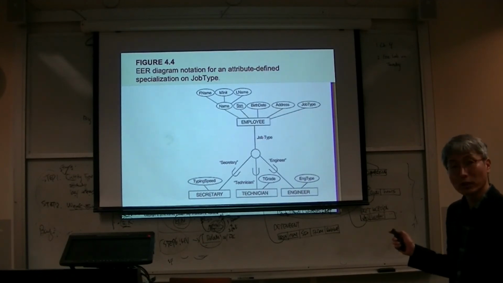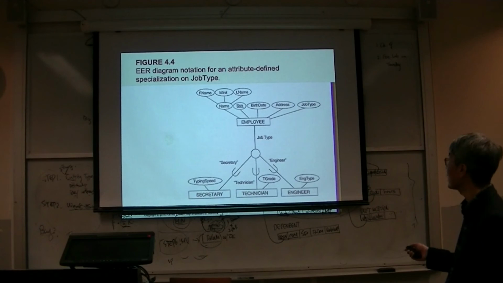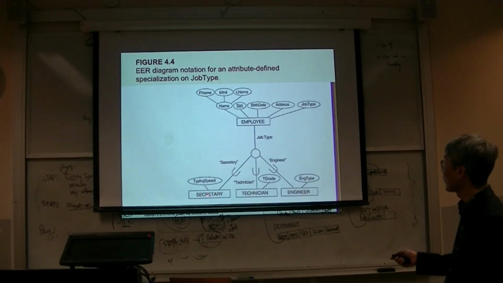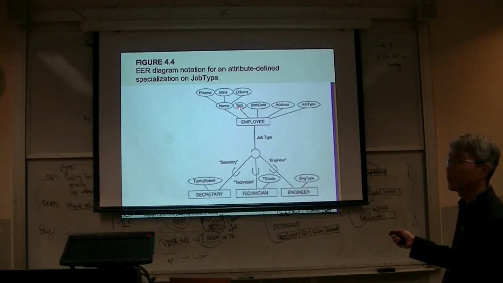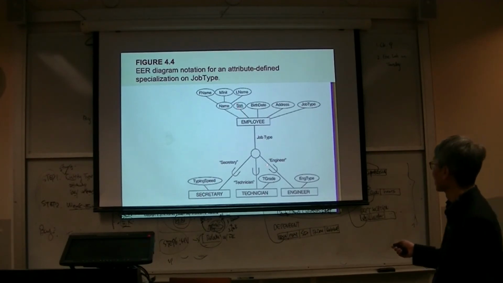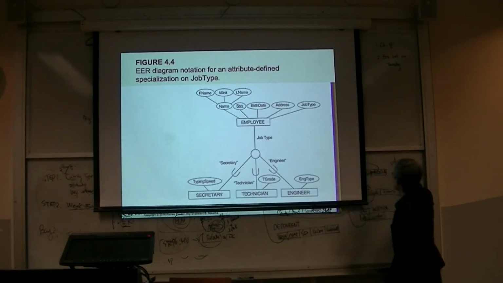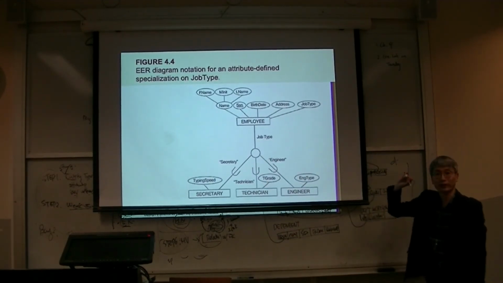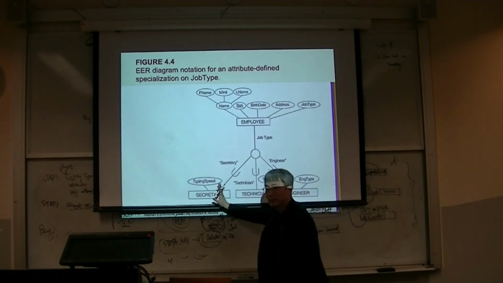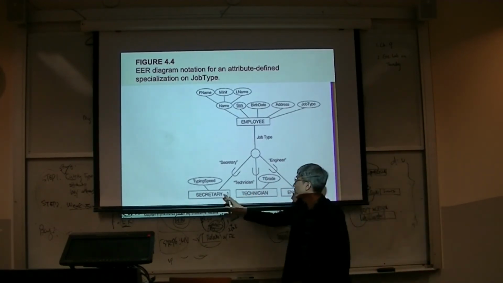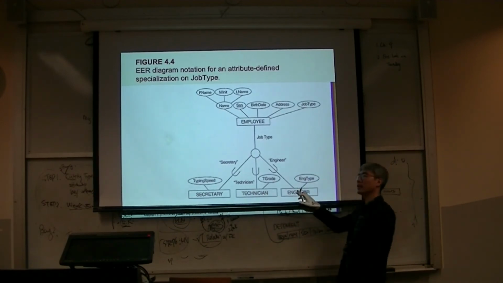The characteristic of generalization or specialization is that all attributes in the superclass are common to the subclasses. So for example, what is the primary key of the secretary? If we have D here, D is disjoint. Disjoint means one of these. And O means overlap. It can be secretary as well as technician as well as engineer.